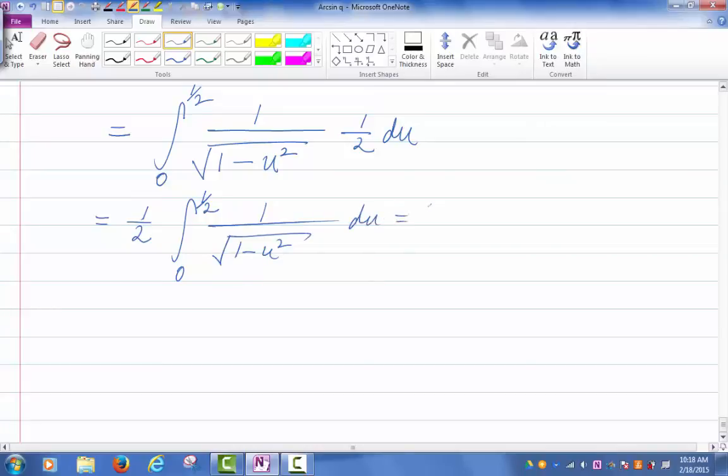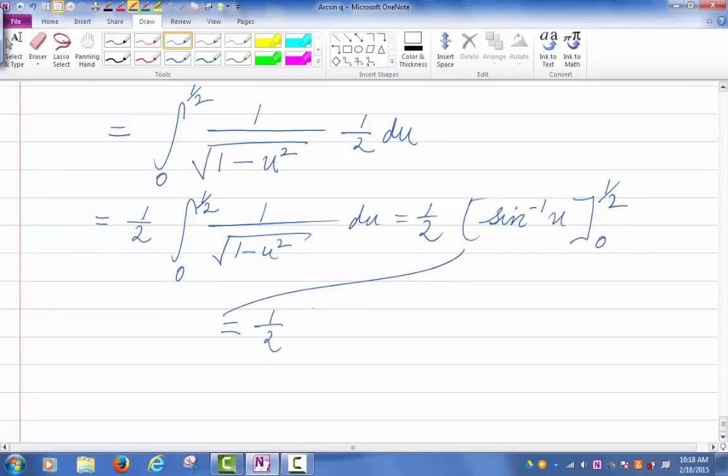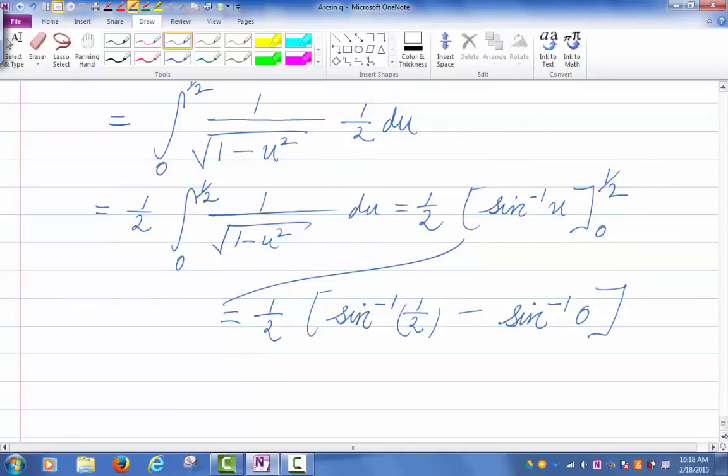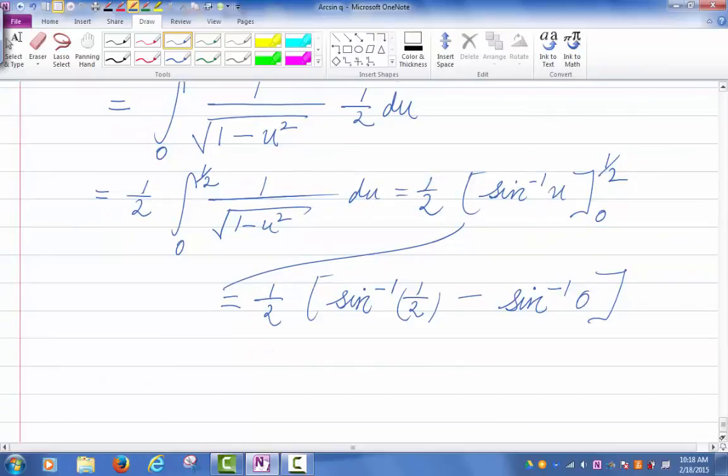And now we know this is half sine inverse of u, from half to 0. And what is sine inverse of half minus sine inverse of 0? We did those exercises before. What's the sine inverse of half?